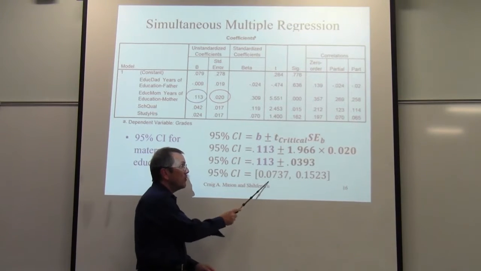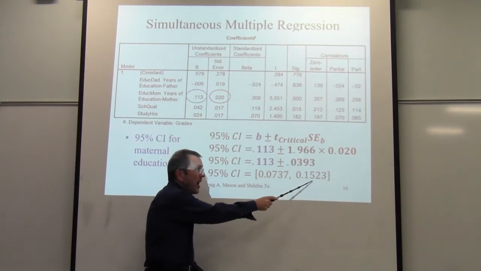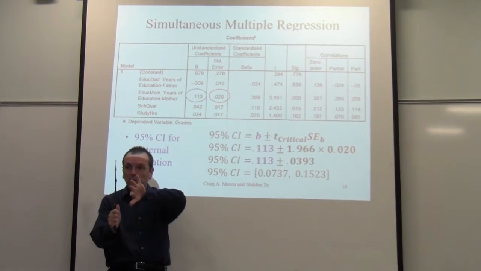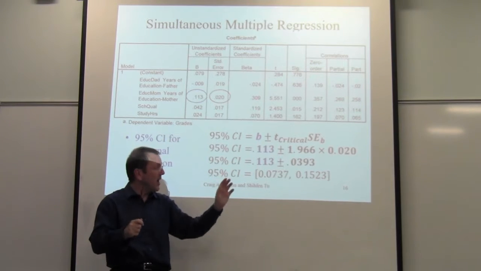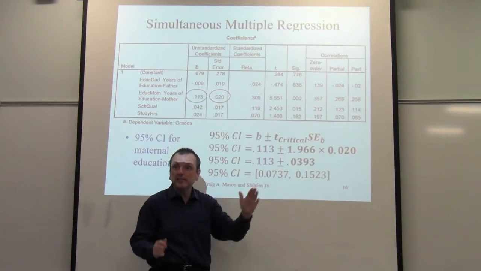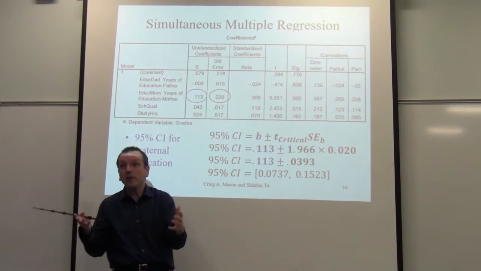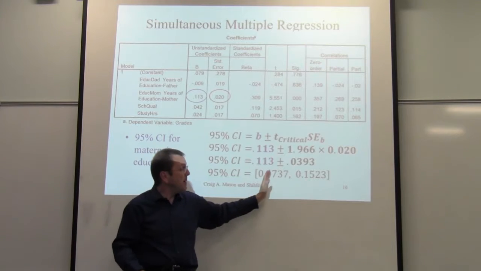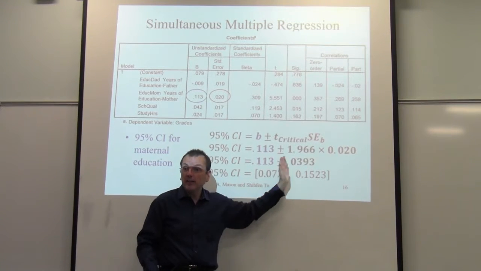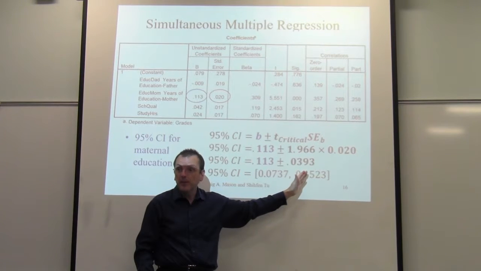Because it doesn't overlap 0, notice the low end is still a positive value, the high end is a positive value. So if we put these on a number line, 0 is here, and the range is all on one side. It doesn't overlap 0. That tells us that we're confident the population value is not 0, because 0 is not in our confidence range.